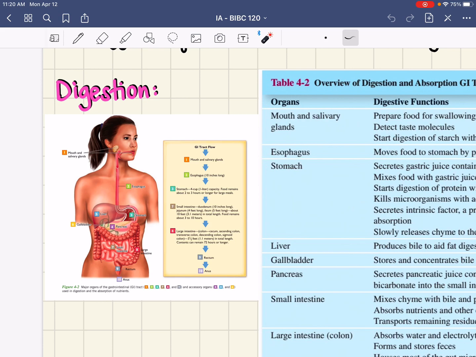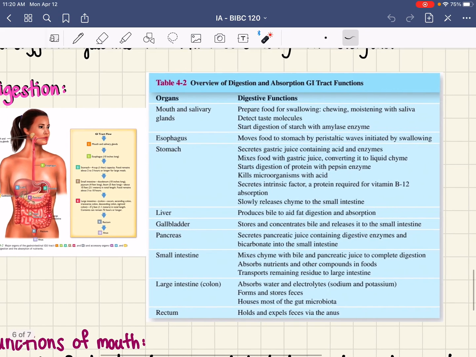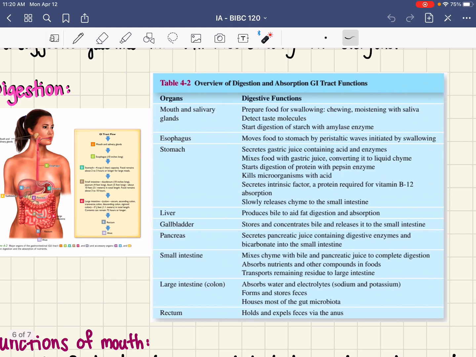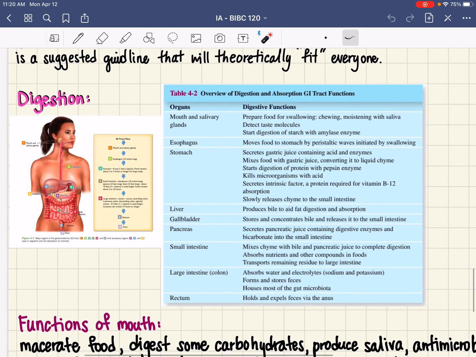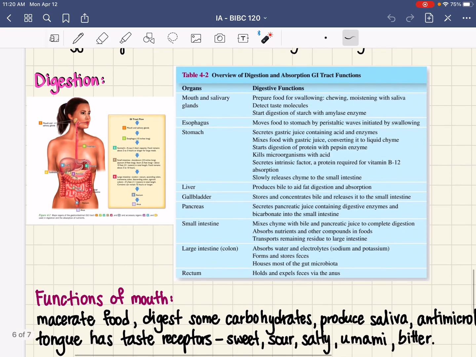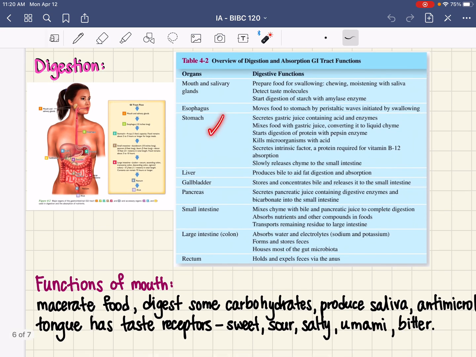So for you to have a better understanding of all of the different functions of all the organs, I would definitely suggest going through this list right here and just reading to understand what happens at each step that the bolus of food travels through. Okay? Just go over it. Could be easy points on an exam. I won't go over it because I'll just be reading it, but go ahead and stop and read this for sure.